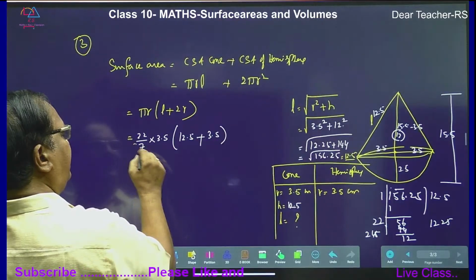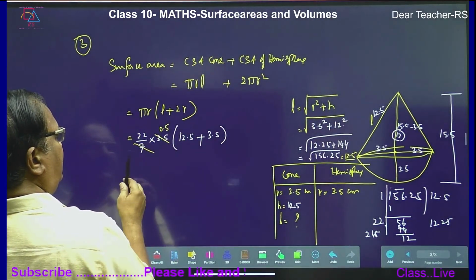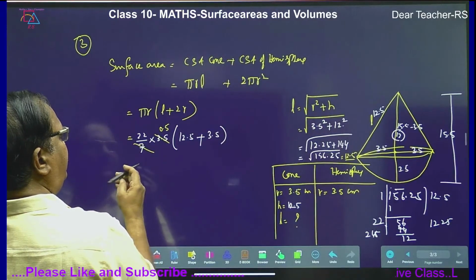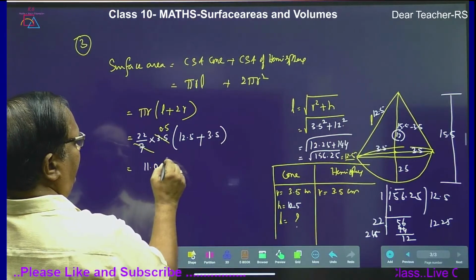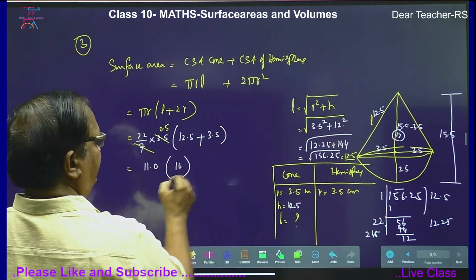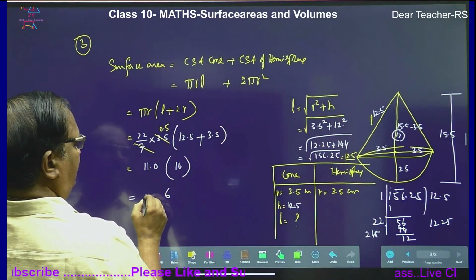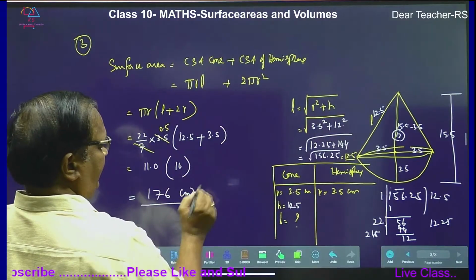So 7 into 3.5, 0.5 times it will go. 0.5 into 22 is 11, and 12.5 plus 3.5 is 16. So 11 into 16 is 176 cm square.